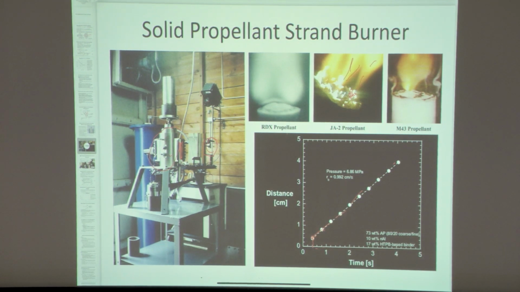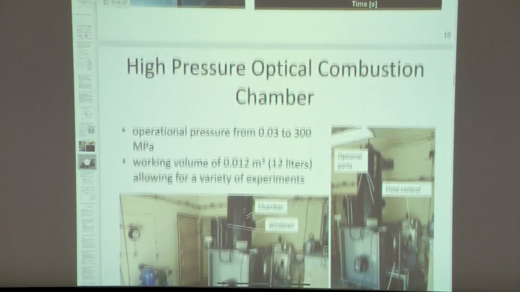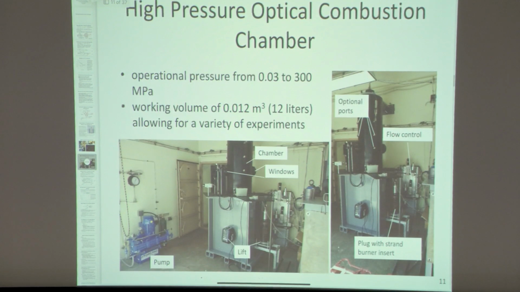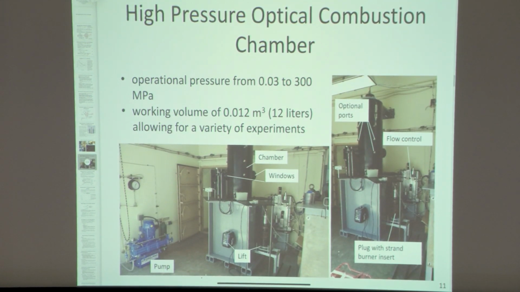And M43 propellant is basically an RDX-based propellant that has some other material in it. And you can see, again, its characteristics are different than the RDX itself. This is a recent chamber that we built at Penn State. And the unique thing here is we're interested in going to very high pressures.